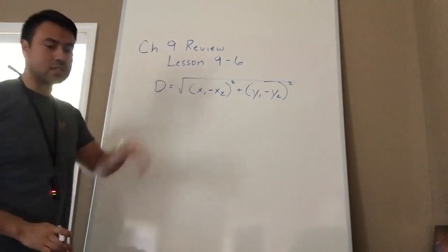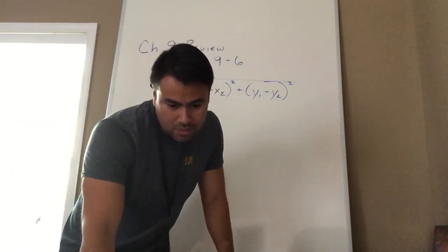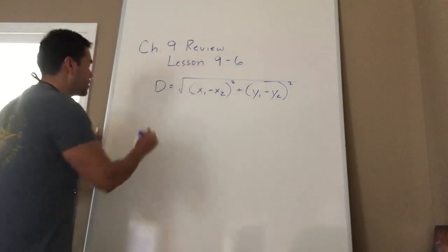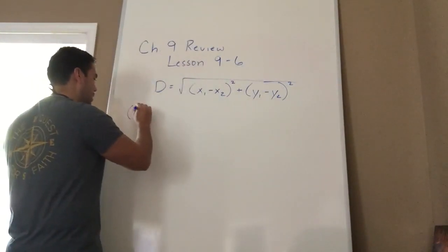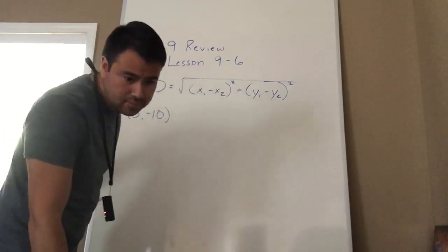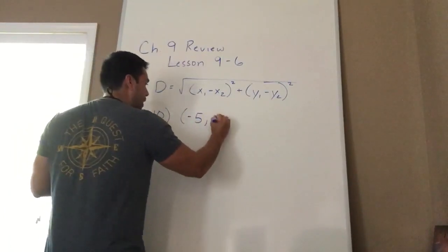Okay, so that's the distance formula. And they will give you problems. I'm just going to pick one here. They're going to give you 2 points: 5, -10, and then -5 and 14.